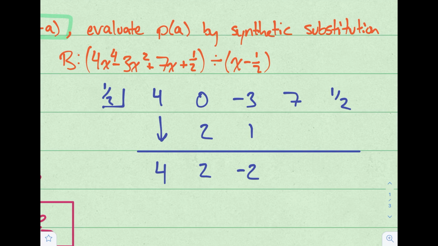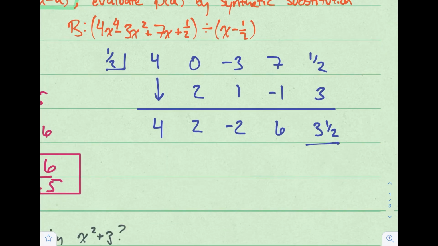Multiply by 1/2. -2 times 1/2 is -1. Add down, and that's positive 6. Multiply by 1/2, and that's 3. And then add down, and we get 3.5.